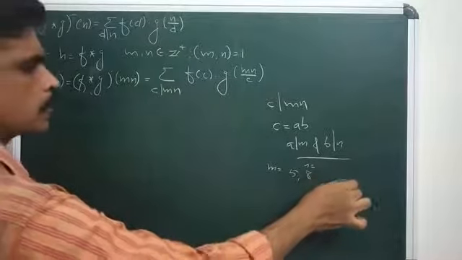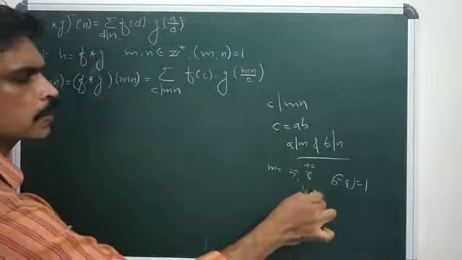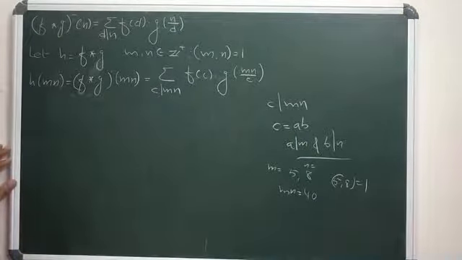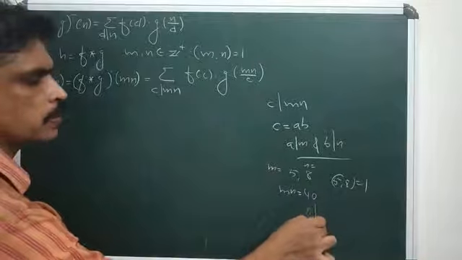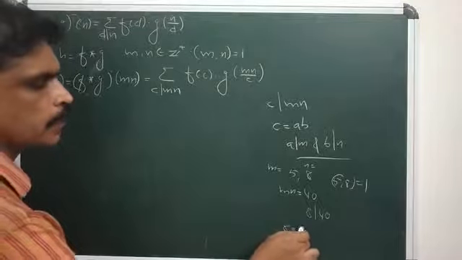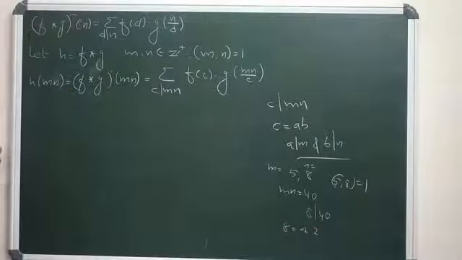Clearly 5 and 8 are relatively prime. Then mn equals 40, and 8 is a divisor of 40.